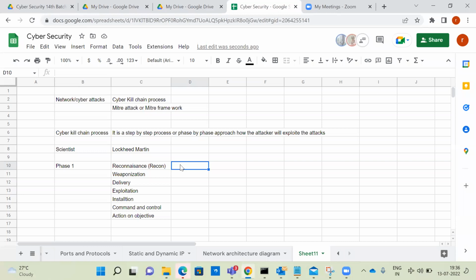Whether I want to hack one of the accounts, an application, a server, a database, and so on. So it is the selection of the target, or research and identification of the target.